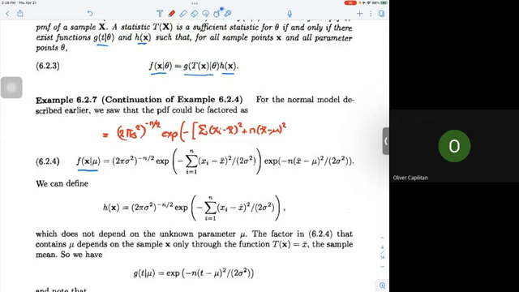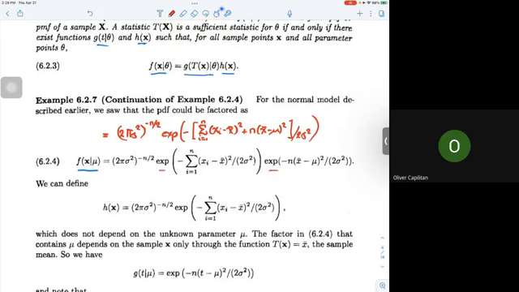Okay, the sum is from i equals 1 up to n, and then we divide this by 2 sigma square. So the exponential of the sum could be expressed as the product of these exponential functions. This is the first one.